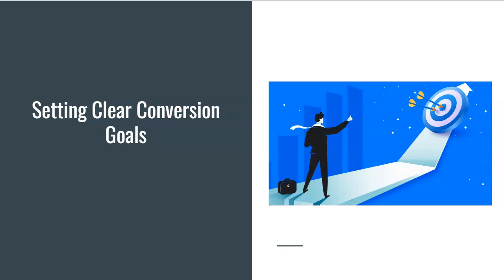Alright, the next thing is you need to prioritize the goals that you've set. If you have multiple objectives, for instance, if your goal is not just to increase sales, you need to prioritize them based on their potential impact on your business. You need to focus on the goals that align most closely with your overall business strategy first, before other goals. And then you also need to set benchmarks.